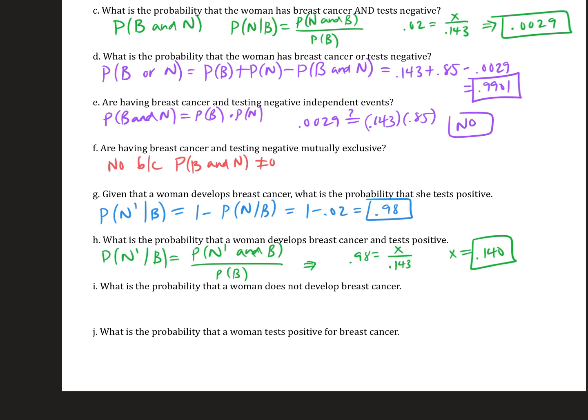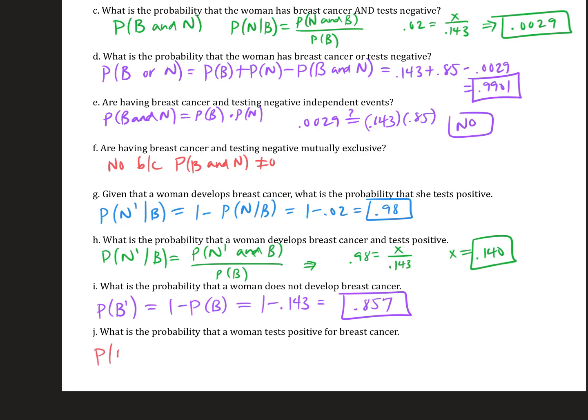All right, what is the probability a woman does not develop breast cancer? So I'm asking for B complement. So 1 minus the probability of B. And then the last one, what is the probability a woman tests positive for breast cancer?